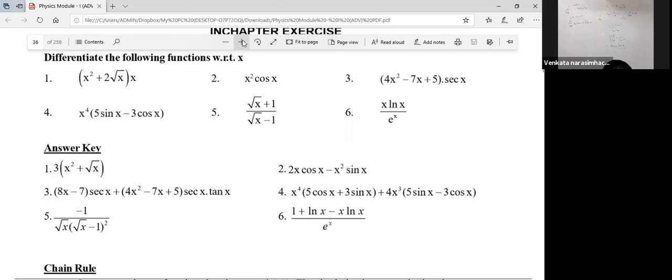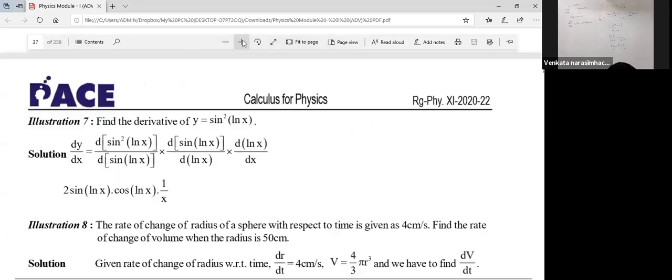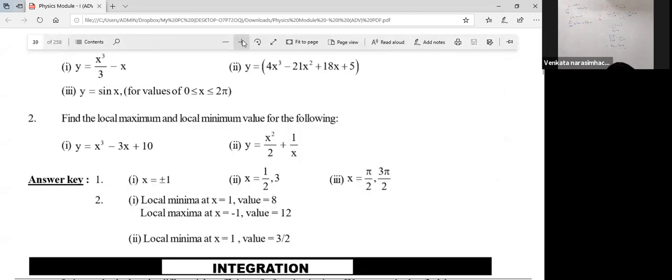One second, I'll move the screen to give you people homework.